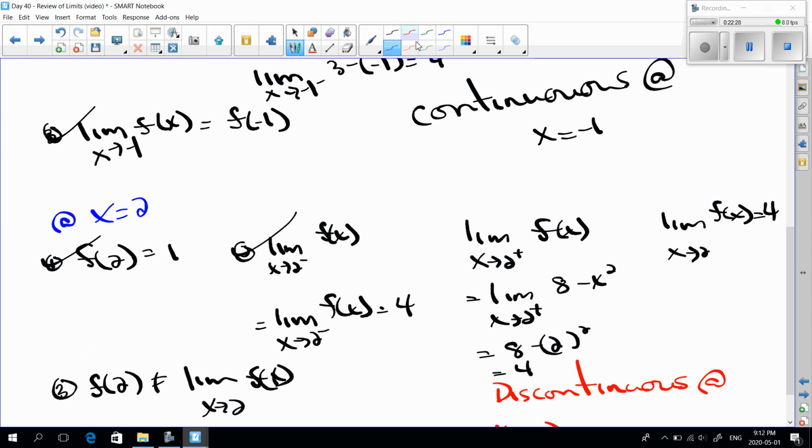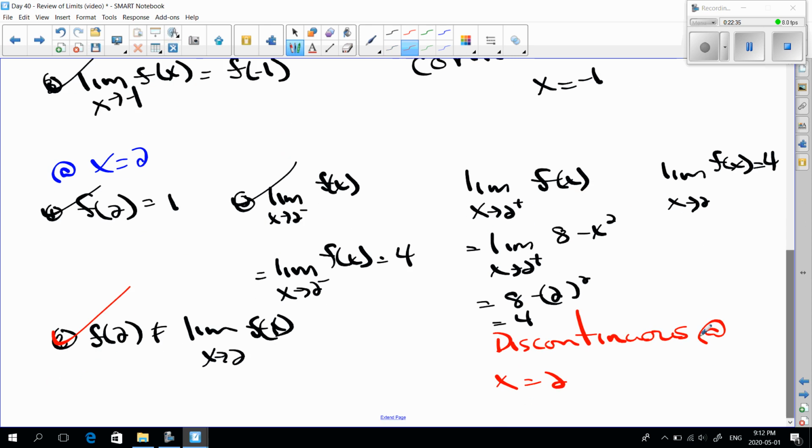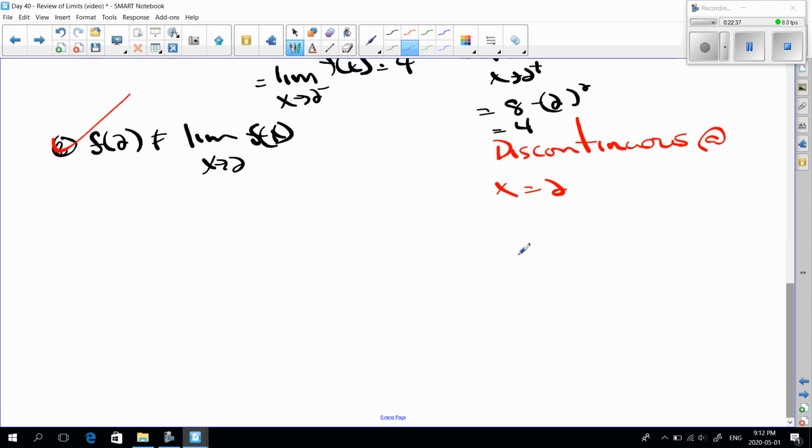So therefore, it's discontinuous at x equals 2, and it's actually called a point discontinuity, or a removable one.